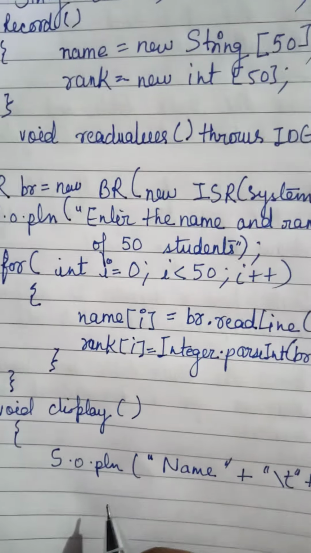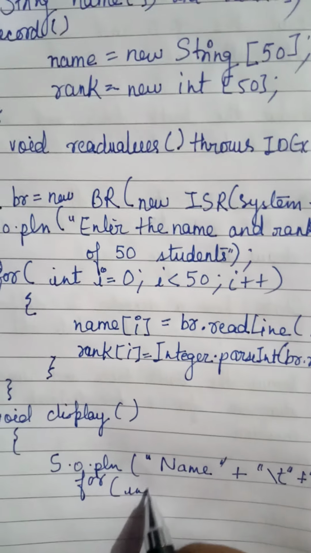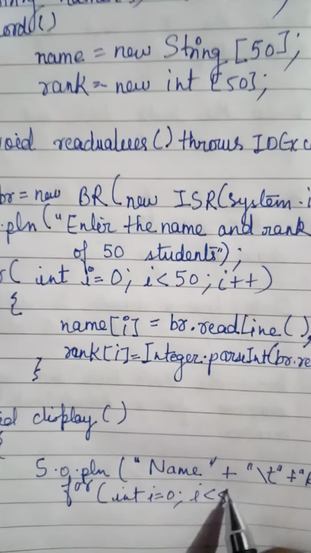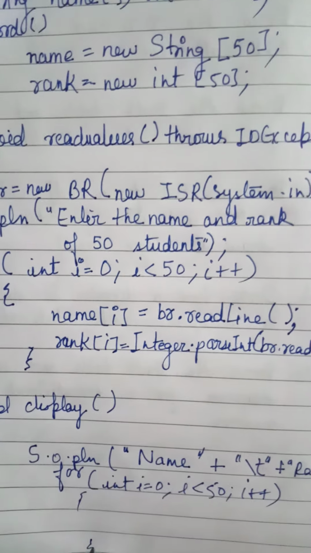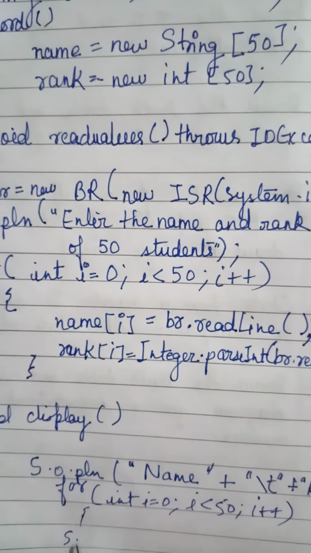Okay, then loop, we have to print, int i equals to 0, i less than 50, i plus plus, as we have to print the name and rank from 0 to less than 50.